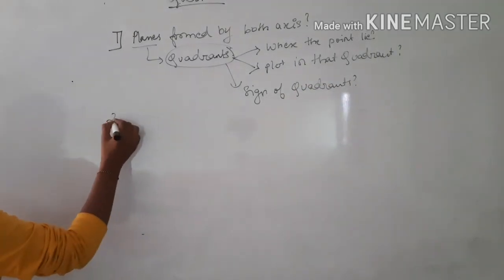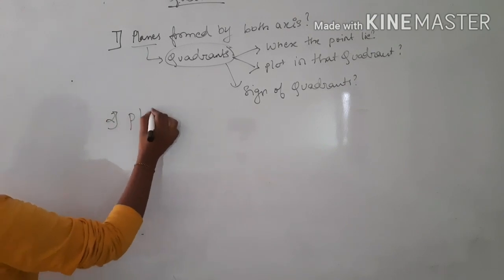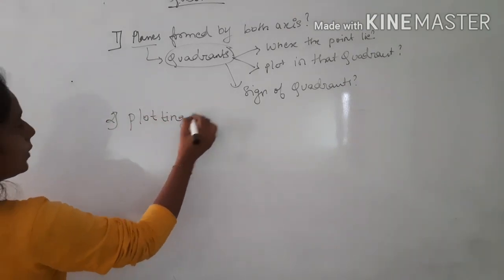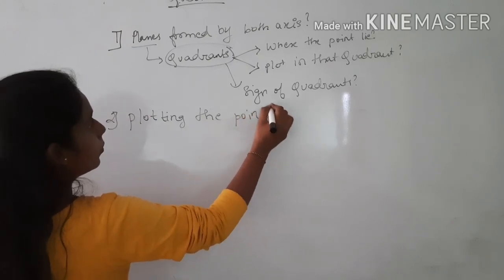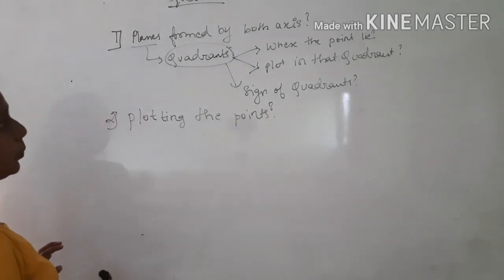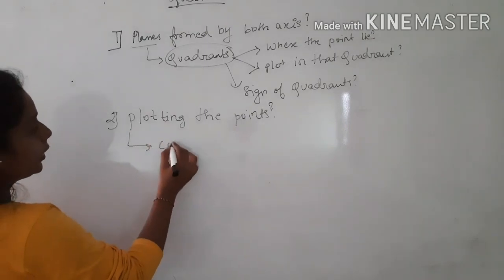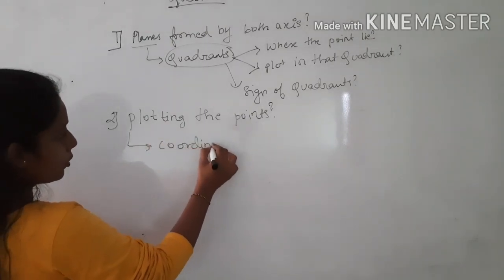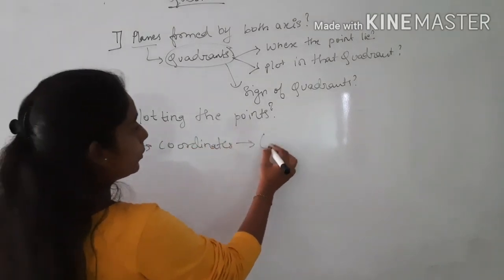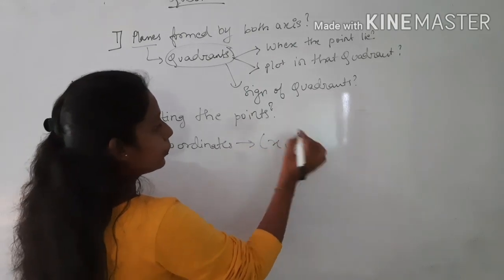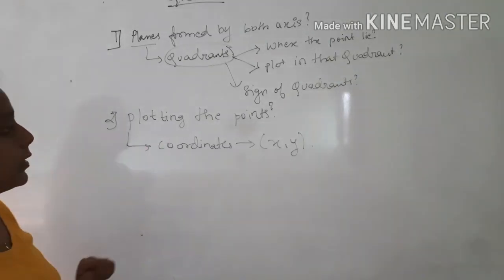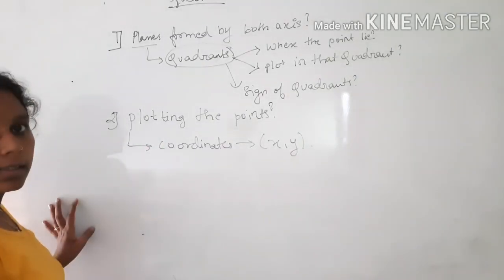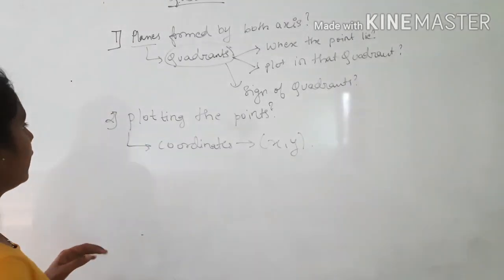The next question that is asked is about plotting the points. If it is about plotting the points, you should know about the coordinates, because if you don't know the coordinates, you will not be able to plot the point. That is the x and y coordinate. You should know where the x and y axes are, and the signs of the axes, above, below, positive, negative, everything.